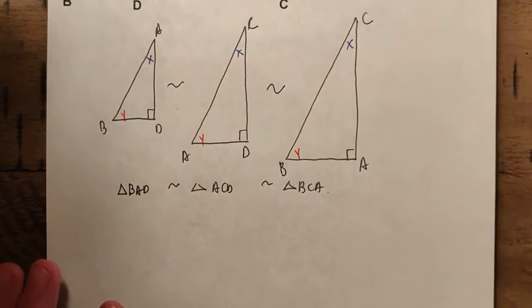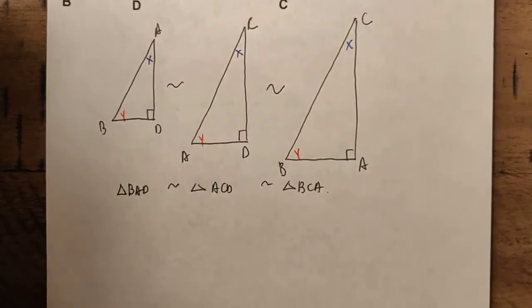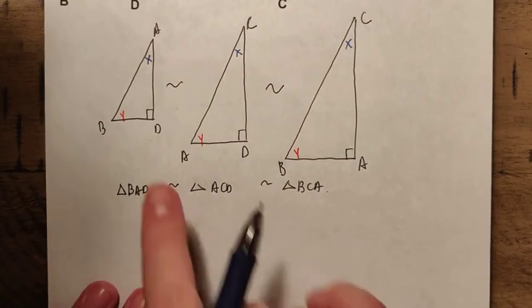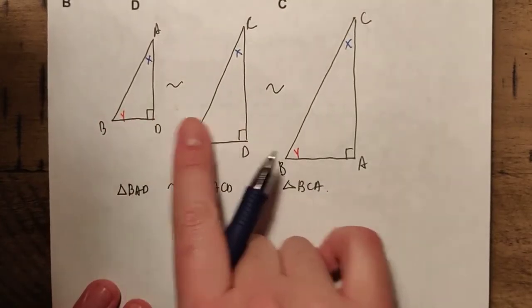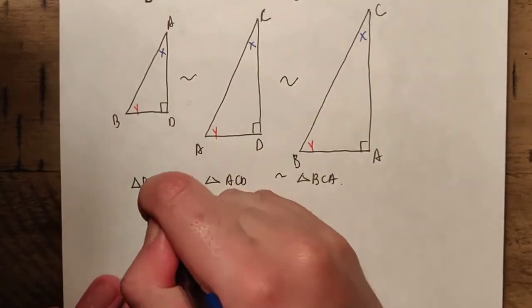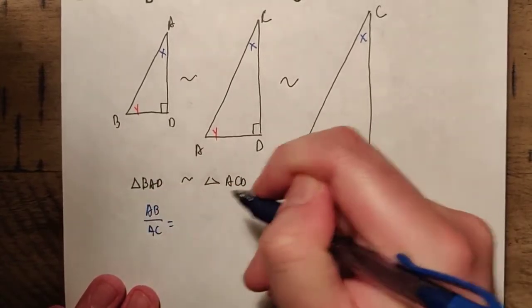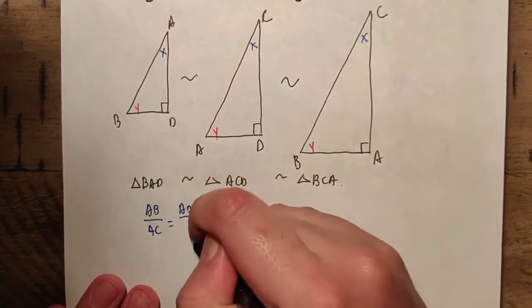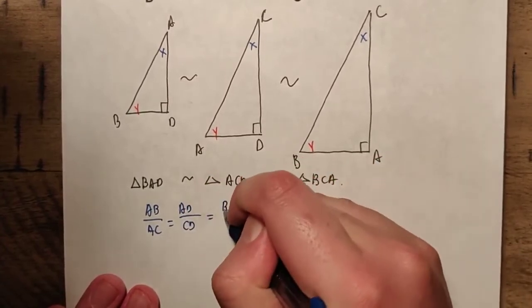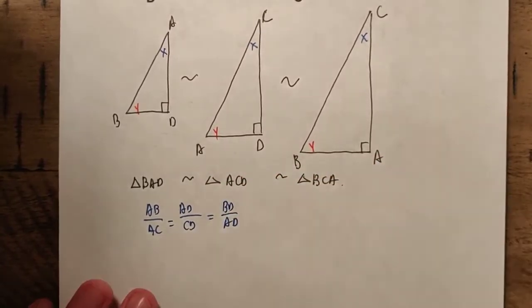So now, because we have similar triangles, we can go ahead and write out proportions involving the sides of the triangles. We're going to look at these two at a time. In particular, we can write that AB over AC equals AD over CD, and that's equal to BD over AD. It looks great, right?